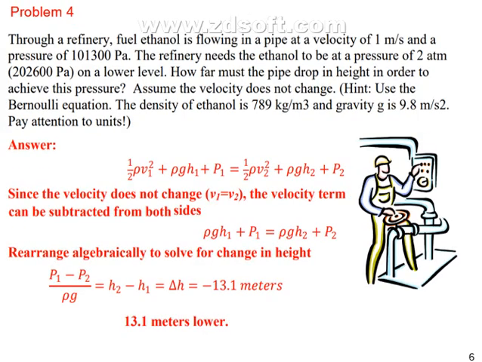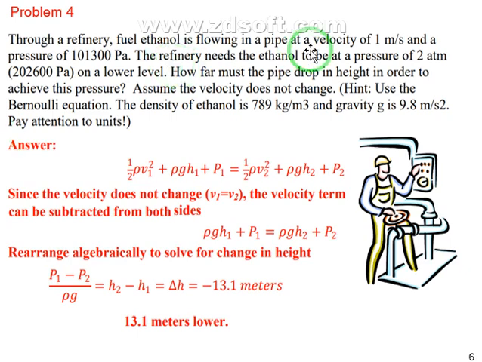Another example here, problem number 4. Also Bernoulli equation. We have here, guys, a fuel refinery, ethanol, etc., whatever. We have ethanol flowing in the pipe with velocity 1 meter per second. The atmospheric pressure is 100 kilopascal.